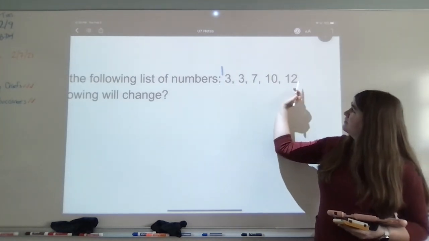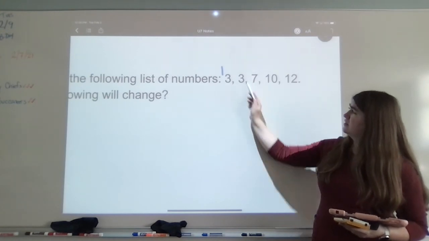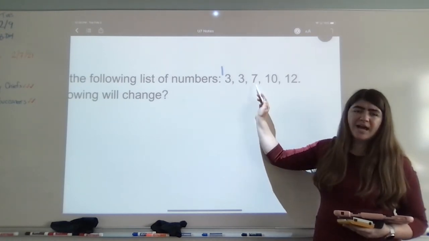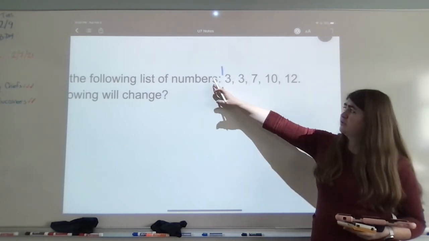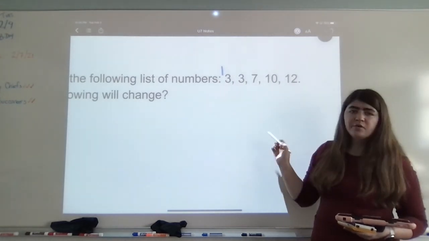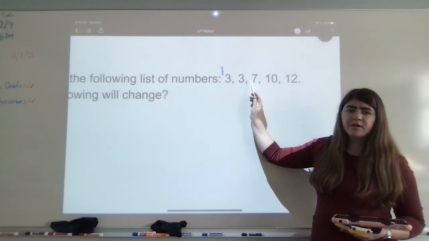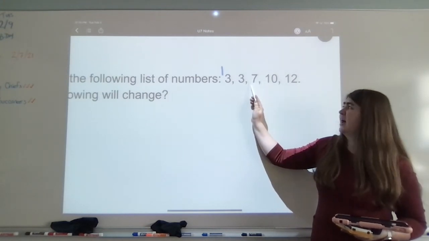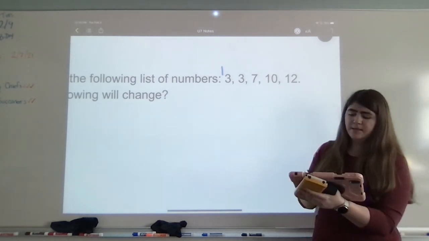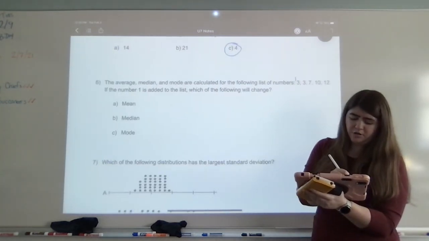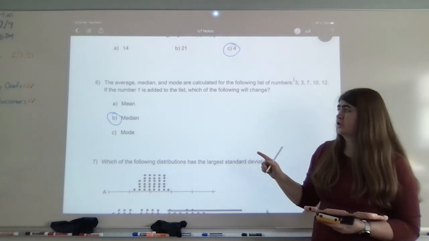The middle of this list of numbers is exactly 7. But when I add this 1, the middle is no longer 7 because now there's 3 values to the left and 2 values to the right. So our median would have to move over so that there's 3 values on either side. So our median is now halfway between 3 and 7. So our median did in fact change. So that's one thing that could change.